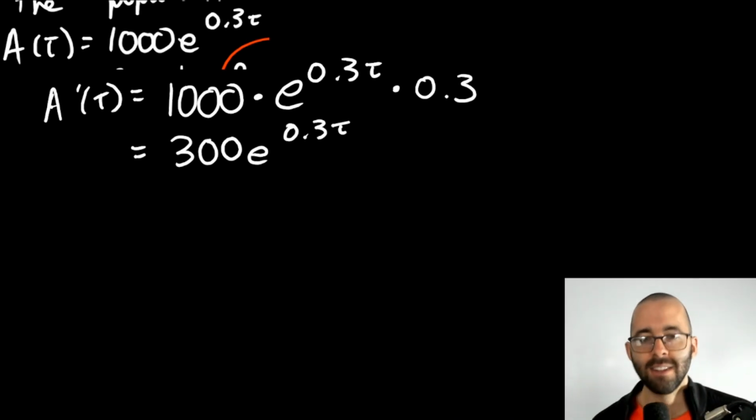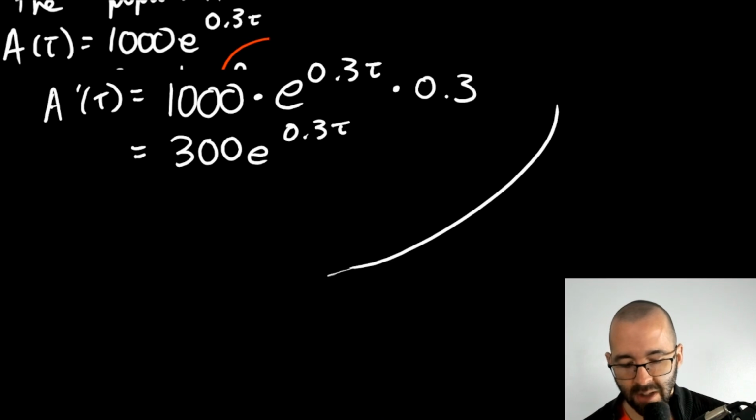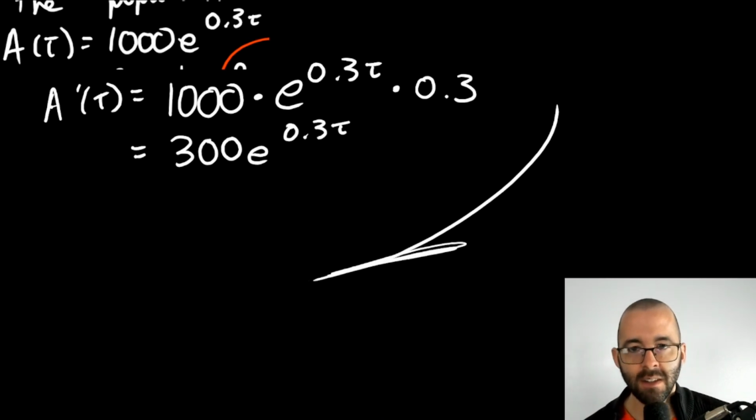And again, it's not an exact answer. That's the slope of the tangent line, which we talked about as being an approximation for the actual growth in a day. The reason it's an approximation is because we're only looking at the tangent line here. So it's an approximation very close to the start, but the further into the future we go, the bigger the difference between our approximation, that tangent line, and the actual value, the exponential function.